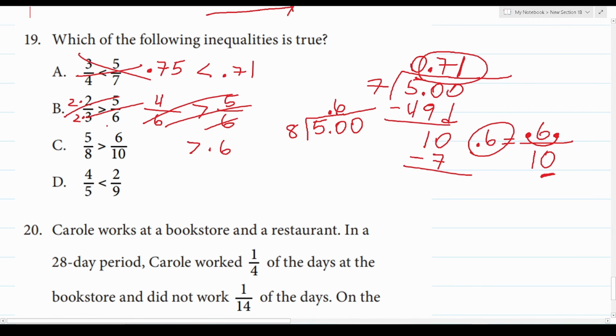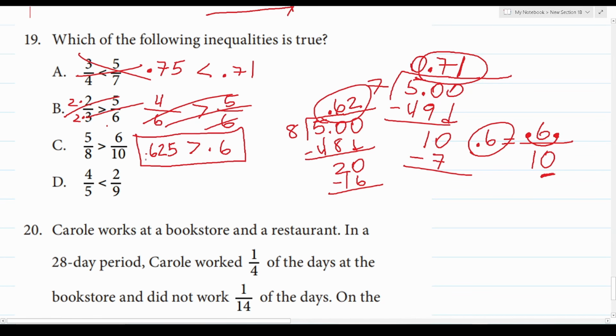So this is going to be 6. 8 times 6 is 48. 50 minus 48 is 2. Drop down this 0. How many times does 8 go into 20 without going over? That's going to be 2 times, given that 8 times 2 is 16. And right away we can see that 5/8 is going to be 0.62 something. As a matter of fact, it's 0.625. And this is a true statement. 0.625 is greater than 0.6. So this one is the true statement. All right, so that's that one.